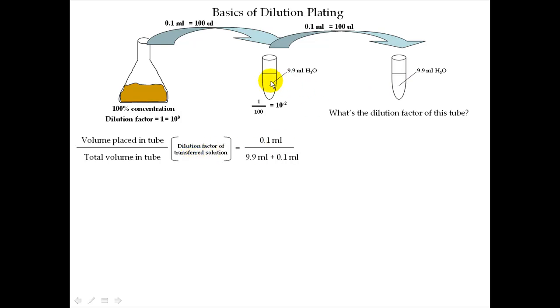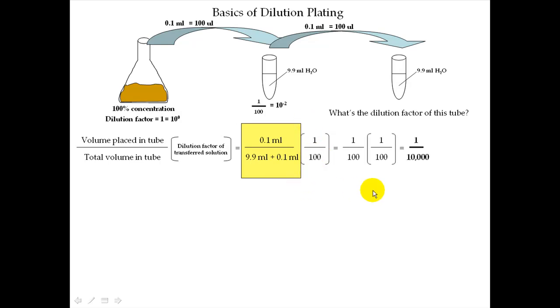Here's the solution that you transferred into this tube. Its dilution factor is 1/100. So that's the dilution factor of the transferred solution. If you solve for all of this, that'll give you the dilution factor of this sample. So here's how you do it. Everything in the yellow here is 1/100 times this 1/100.